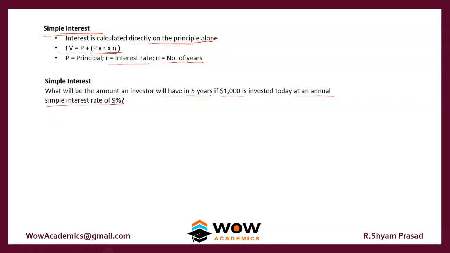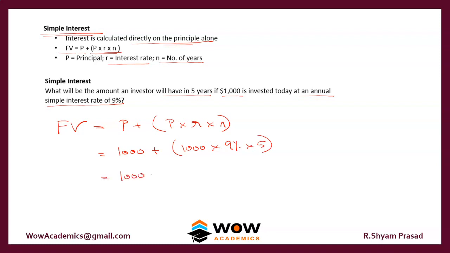The future value that the investor will receive is P plus P into R into N. The P here refers to the principal, which is 1000, plus another 1000 for the principal into the rate of interest, which is 9%, into the number of years, which is 5. So we'll add. This is the principal part, 1000. The interest part will be 450. So the total amount will be 1450.